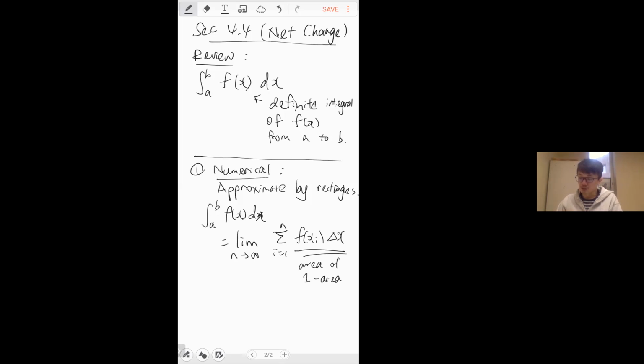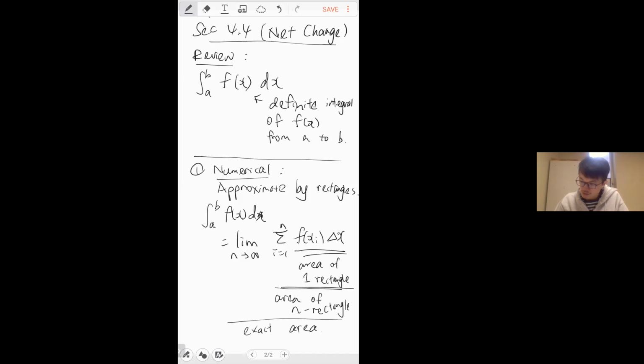And so when you take the sigma notation, and when you take the summation, this gives you the area of n rectangles. And then when you take the limit, it gives you the exact area. So the first definition of the definite integral from a to b was the area under the graph from a to b.